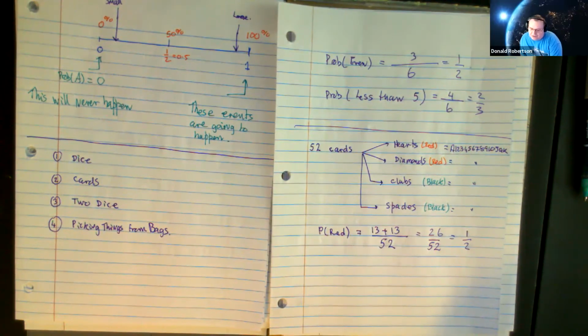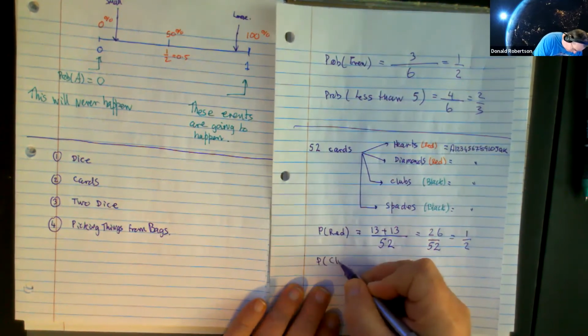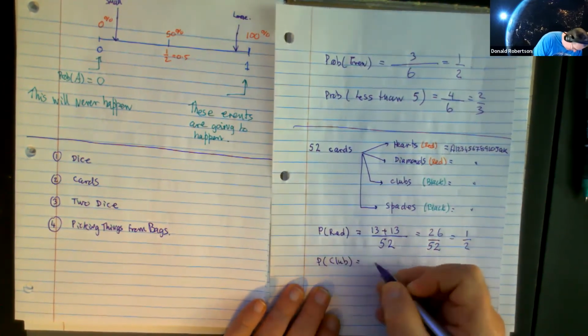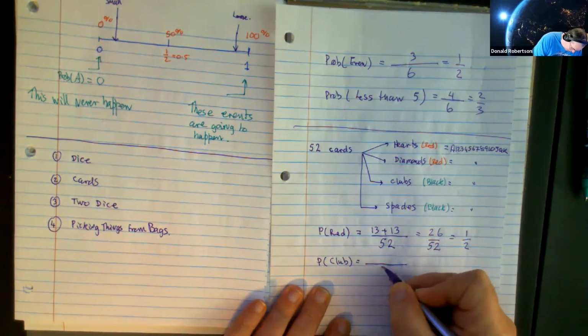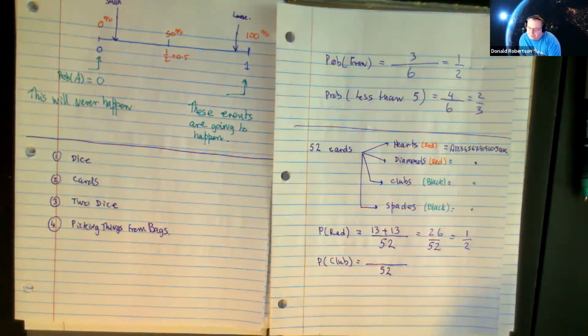Does that make sense? If you randomly pick one card from a deck, isn't there a 50% chance that it's a red card? Doesn't that seem reasonable? If I went and found the probability that it's a black card, you shouldn't be surprised that it's also a half, right? What about the probability that I take one card from a deck and it's a club? 13.